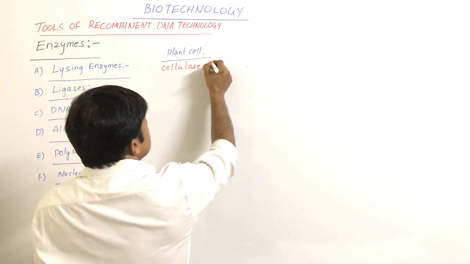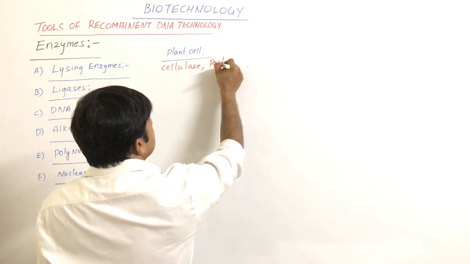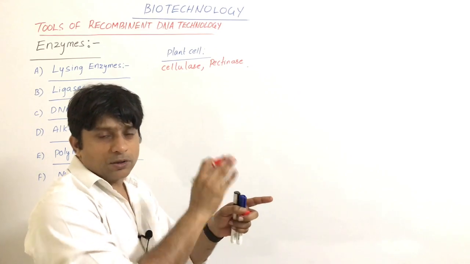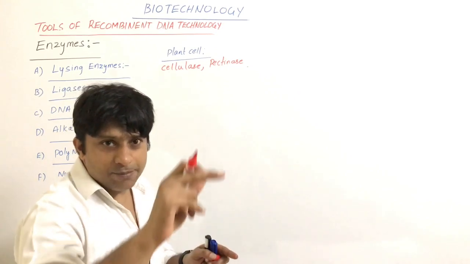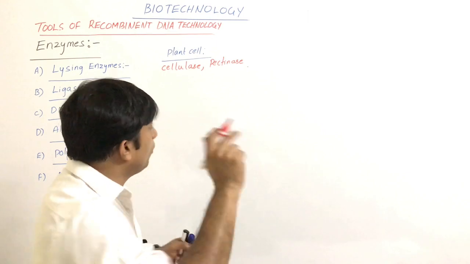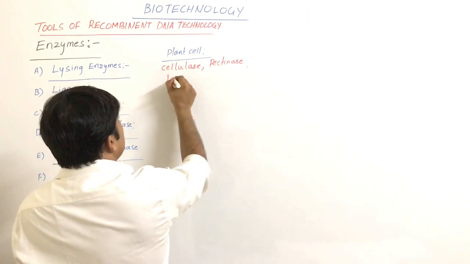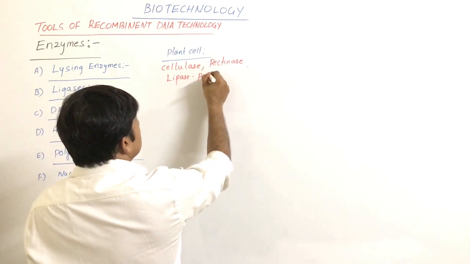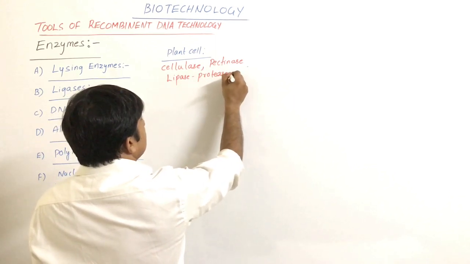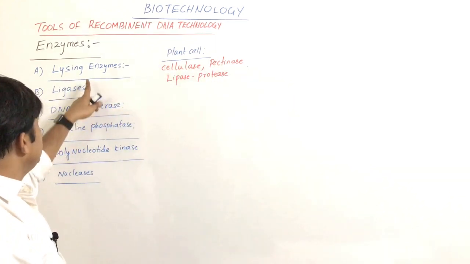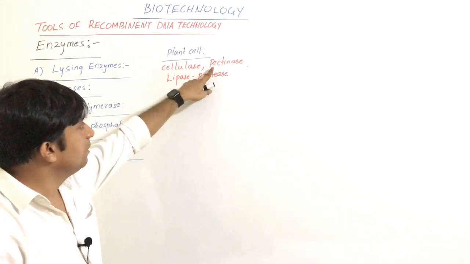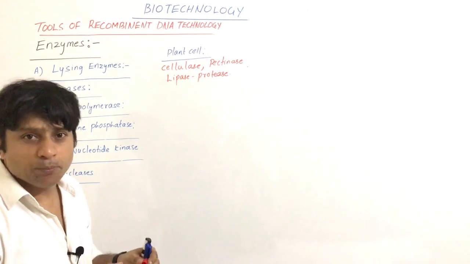So we can use even pectinase. And to dissolve the cell membrane, lipoproteins, we use lipase and protease. So lysing enzymes for plant cells are cellulase, pectinase, lipase, protease.